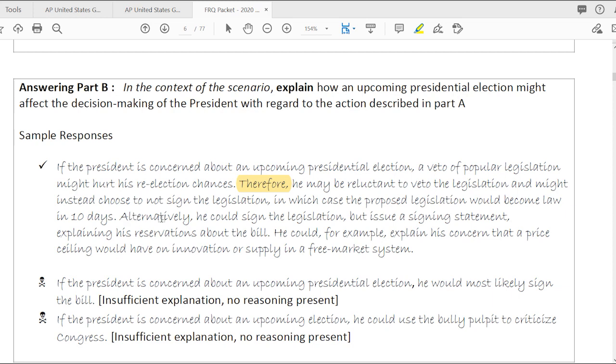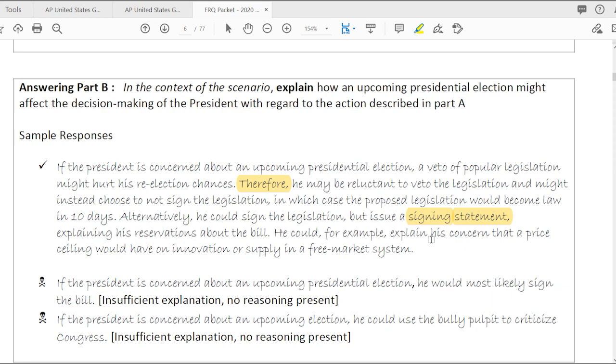Okay. Alternatively, he could sign a legislation but issue a signing statement. I've got a hunch, we don't know what's going to be on the exam, but if you don't know signing statements, you really, really need to know what a signing statement is. So once again, alternatively, he could sign the legislation but issue a signing statement explaining his reservations about the bill.